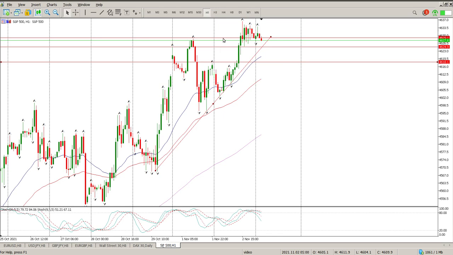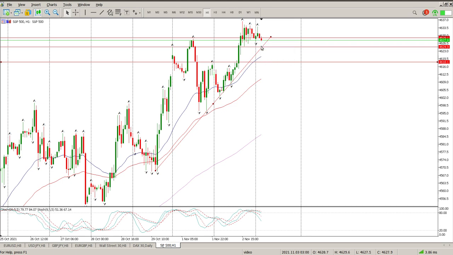The first one is pretty much where we took profit yesterday, which is 46.29, and you can see a whole lot of chaos around there. It did go past, did try to find support, and we did close just above it, but after hours it looks like we're coming back down.